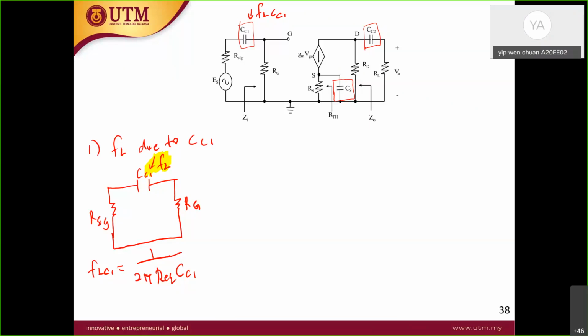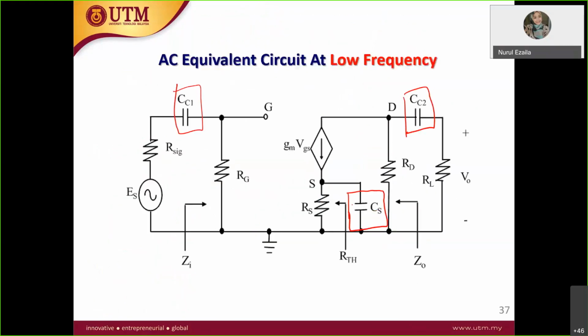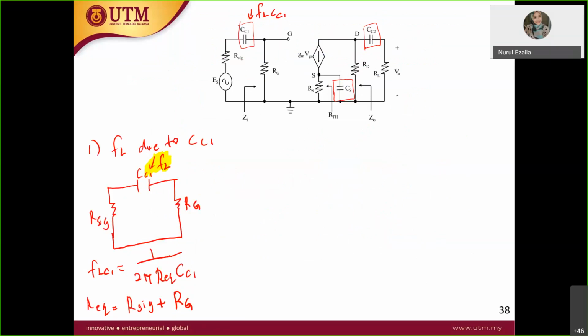You are seeing from the top here. Therefore R equivalent is equal to R signal plus RG, not parallel. You see from the top over here, it looks like it is in series.